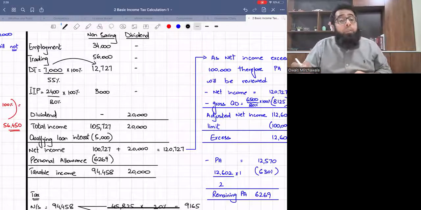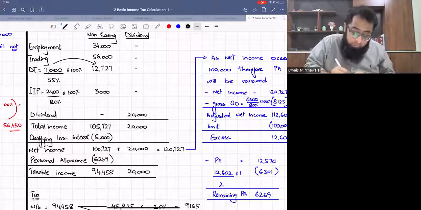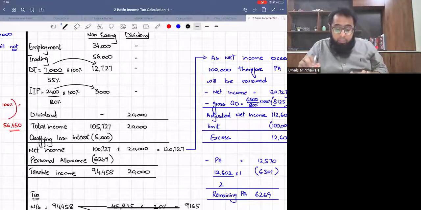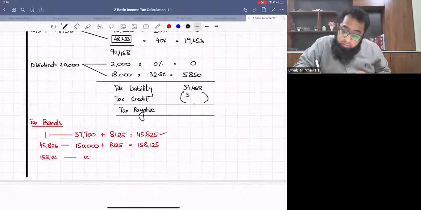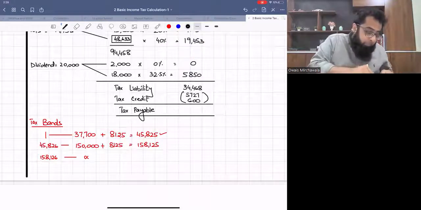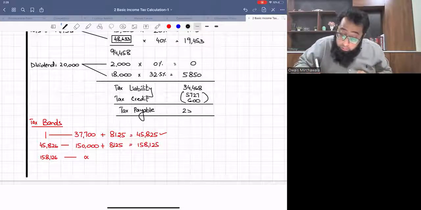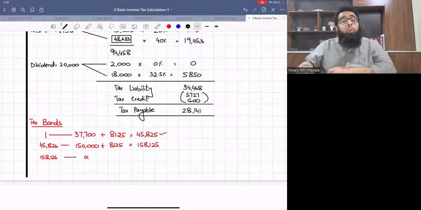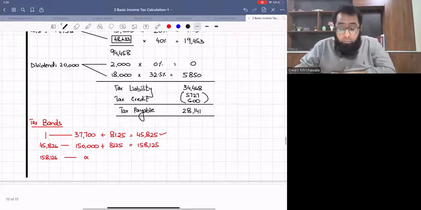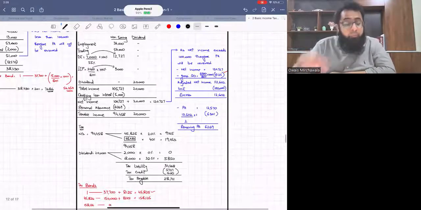One was 5727 and the other one was 600, just the grossing up element. 5727 and 600. So the tax payable is 28,141.